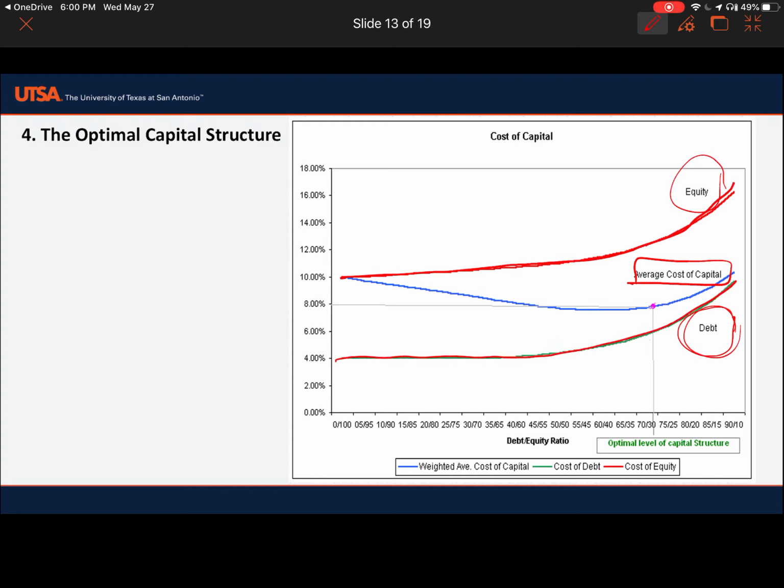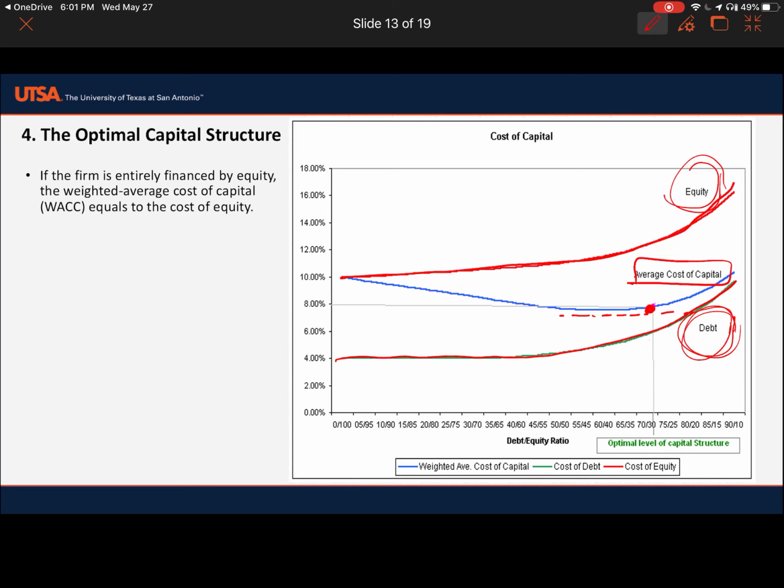So we try to minimize the cost of capital by using the correct, or optimal, proportion of equity and debt, and we try to find the minimum level of this line, which involves some portion of equity and some portion of debt.